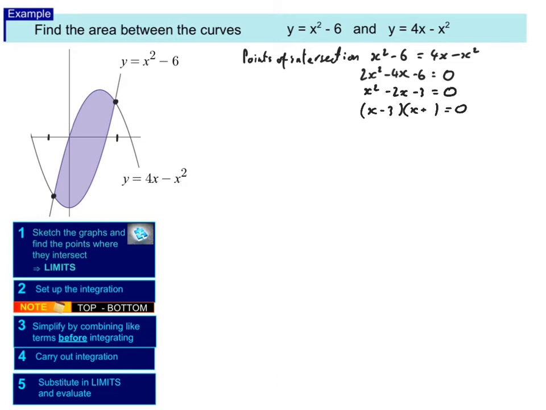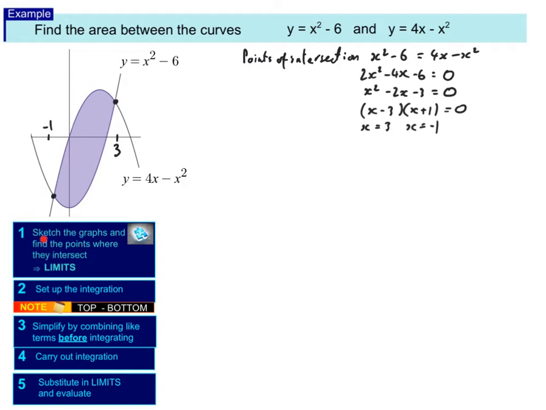Negative 3 plus 1. So this gives me a solution of x equals 3, x equals negative 1. Those are my limits. So my two curves cross at x equals 3 and at x equals negative 1. I can see from the sketch I've got one positive and one negative.